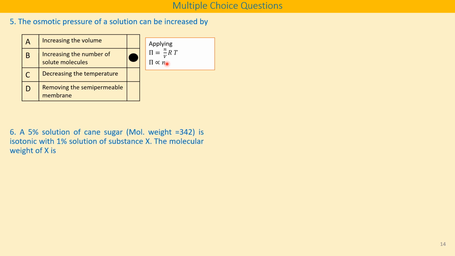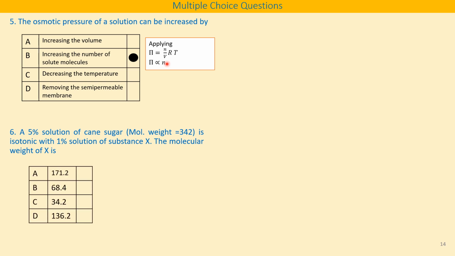Next question is, a 5% solution of cane sugar, molecular weight equal to 342, is isotonic with 1% solution of substance X. The molecular weight of X is, four options are given.